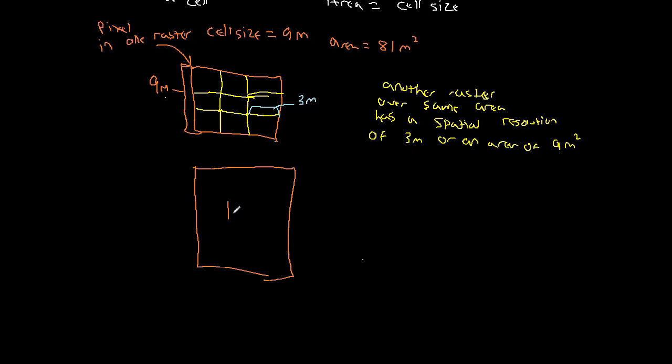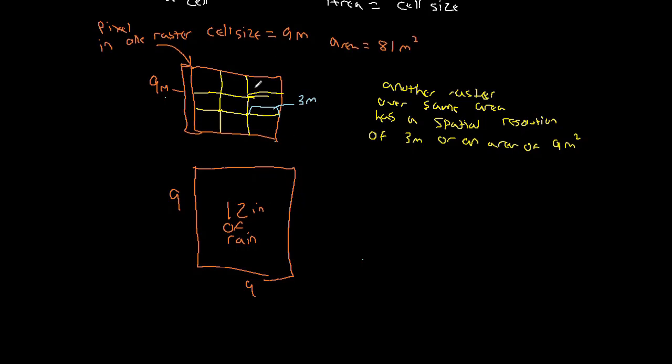Let's say this has a value of 12 inches of rain. So we're saying that in this 9 by 9 area, 12 inches of rain. But you might be like, okay, where within this cell did that 12 inches of rain occur? How is it distributed?